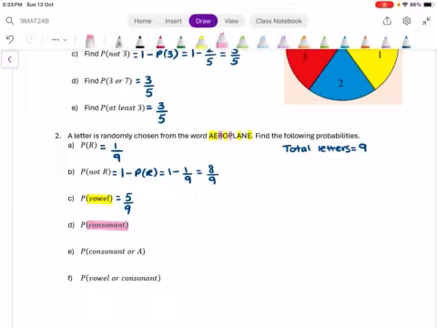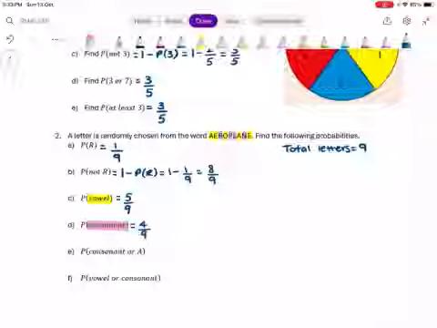Now, an important part in probability is making sure that we simplify our fractions. For both of these examples, our fractions have been in their simplest form, but if not, you always want to make sure that your answers are in simplest form. Okay, for E, we have to find the probability of a consonant or an A. So we know we have 4 consonants, and now we just need to work out how many A's we have as well.